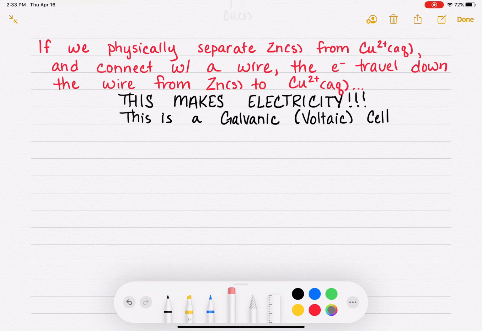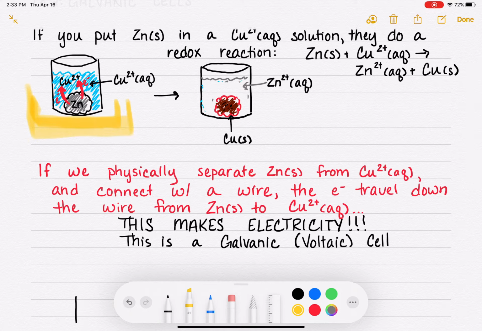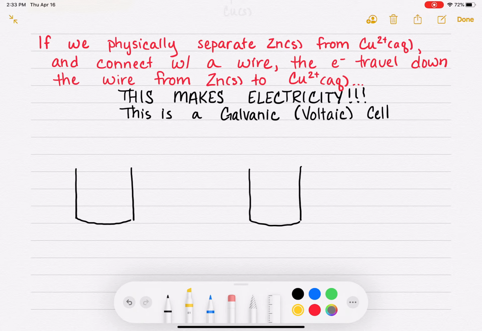So remember, what we want to do is physically separate the two components. We want to physically separate the zinc metal and the copper solution. So we need 2 beakers instead of 1 because we don't want to put them in the same beaker anymore. We want them to be physically separated from each other.